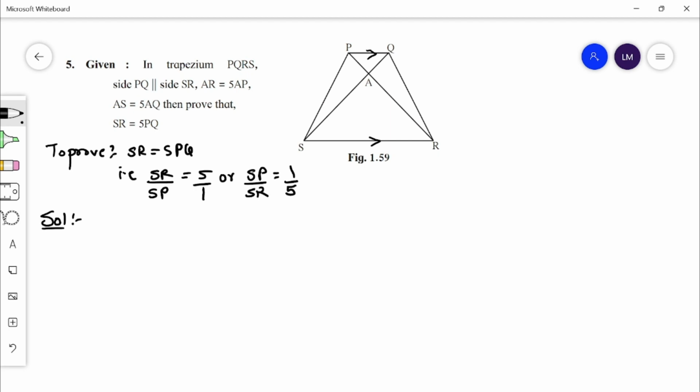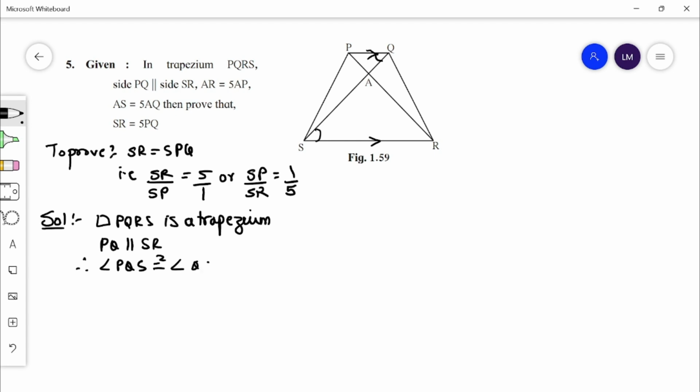Now, trapezium PQRS, right? So quadrilateral PQRS is a trapezium. Now, therefore, PQ is parallel to SR. Therefore, angle PQS, say students, this angle PQS is equal to angle QSR, is congruent to angle QSR, right?